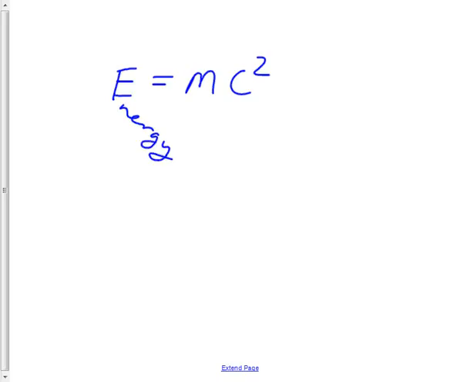Yes, you're right. And it might be wrong because the latest news is that they may have found something that travels faster than the speed of light. Einstein's whole theory was based on the fact that the speed of light was the fastest thing there was. And now they have measured things that can go faster than the speed of light.